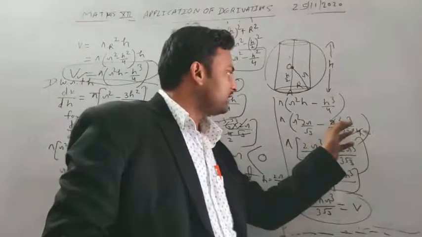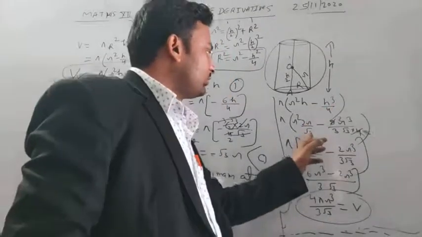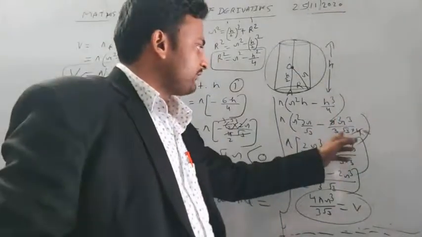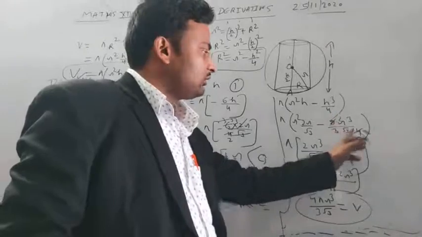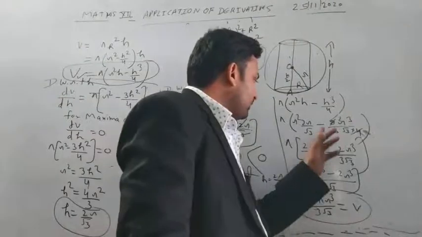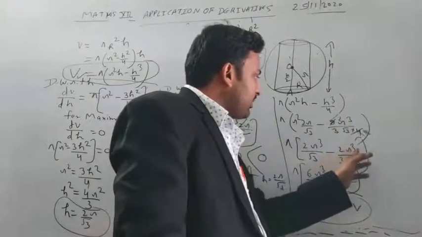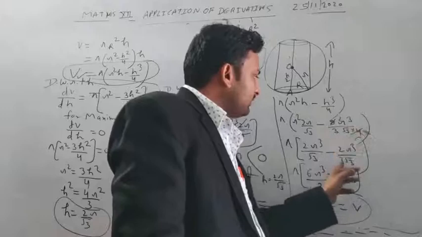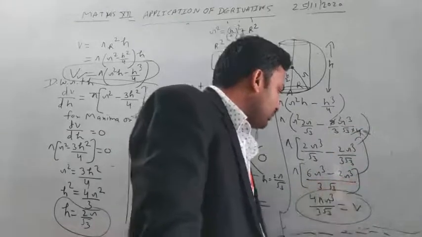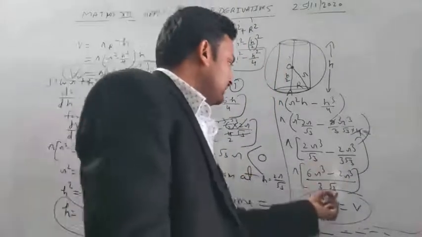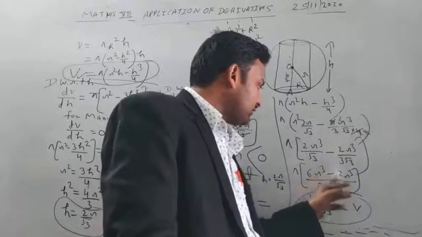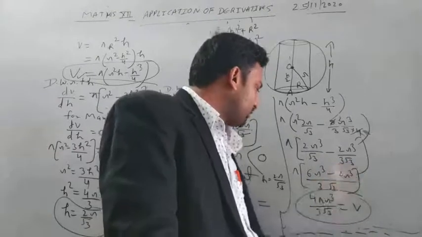H cube gives 8r cube by 3 root 3, divided by 4. It changes into the form 2r cube by root 3 minus 2r cube by 3 root 3. After taking the LCM, we write 6r cube minus 2r cube, the root 3 cancels.